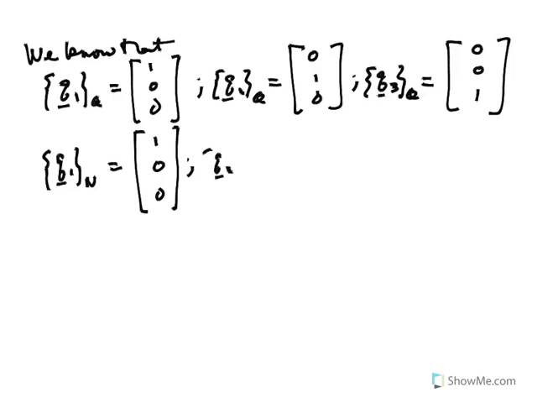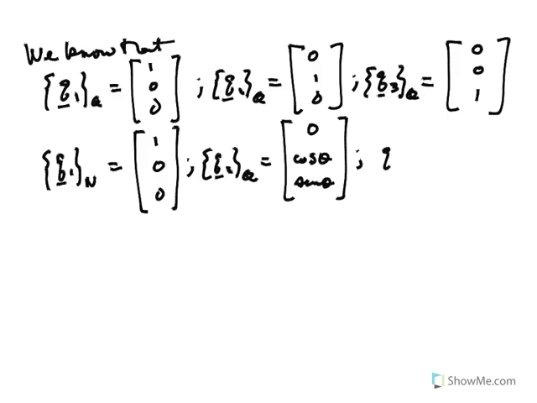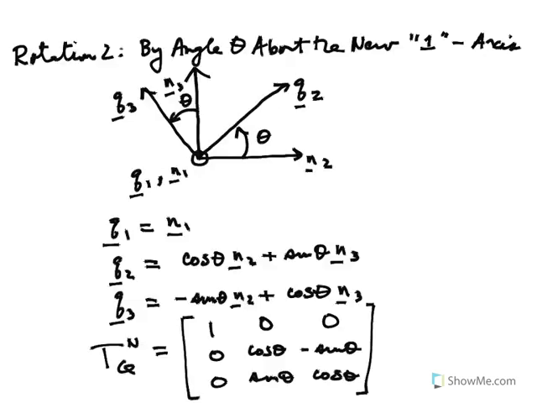Q2 expressed in the basis N is equal to 0, cosine of theta, sine of theta, and then Q3 expressed in N is equal to 0, minus the sine of theta, and then cosine of theta. And of course you can see that those line up exactly with these three columns of this matrix.